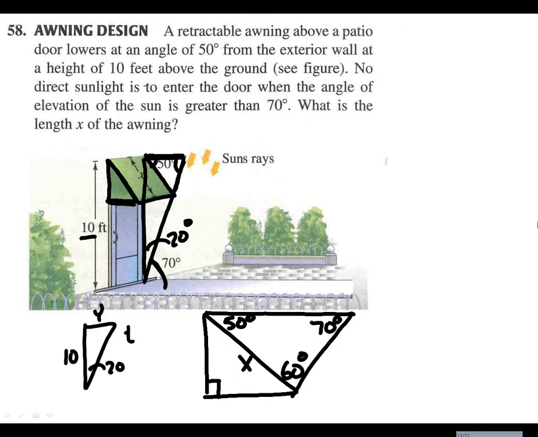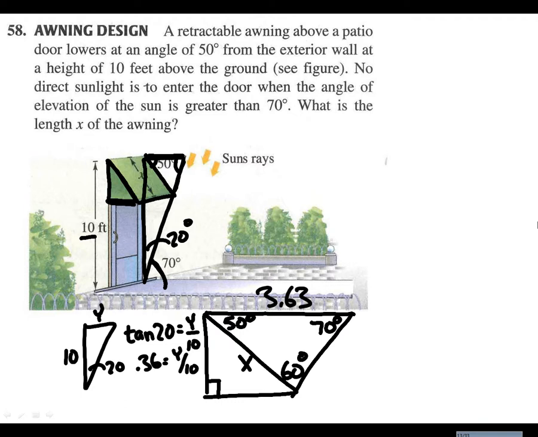From 20, we have the opposite over adjacent, so tan 20 equals y over 10. The tangent of 20 is 0.36. So y, the side here, turns out to be 3.63.